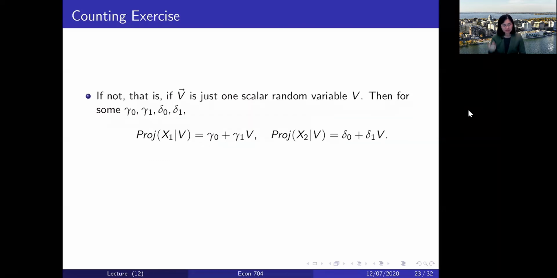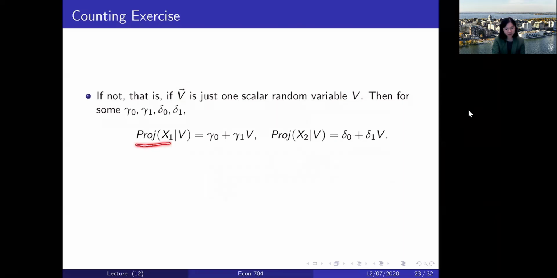To see why that is a necessary condition, we can prove by contradiction. Suppose that it doesn't hold. Suppose that the vector of instrumental variables contains only one scalar random variable V. Remember, we have two endogenous X, but now suppose we only have one V. Then what's going to happen?